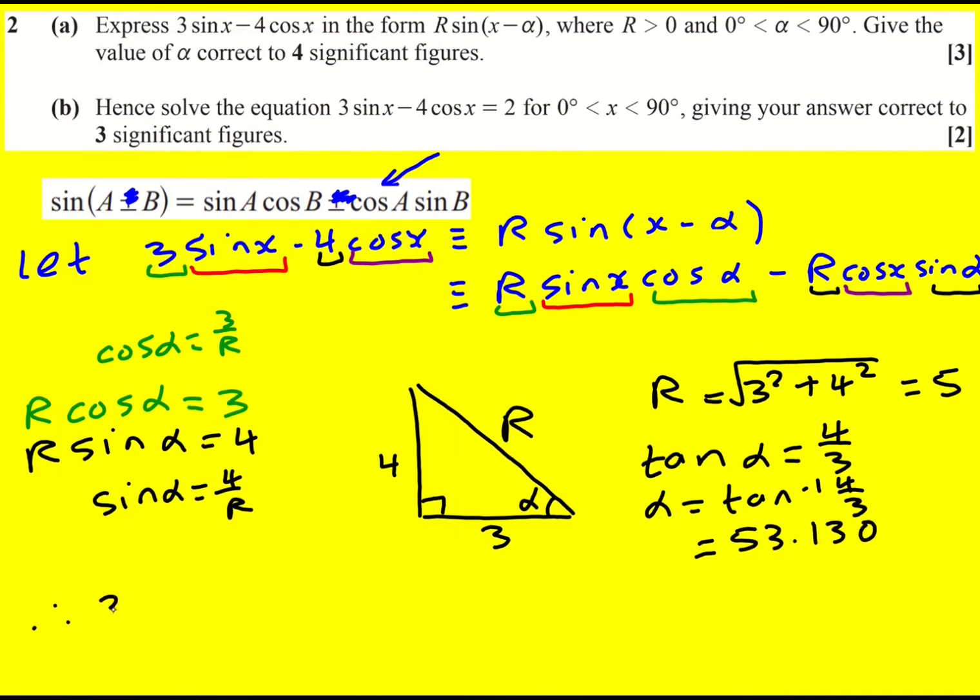Right then, therefore 3 sine x minus 4 cos x is identical to 5 sine (x minus 53.1). Oh, sorry, alpha is meant to be to 4 significant figures, so 53.13.